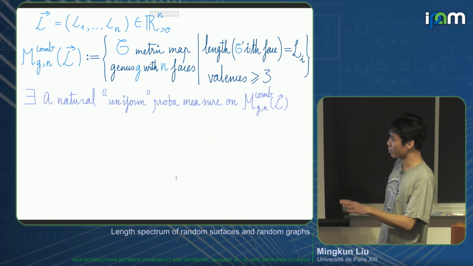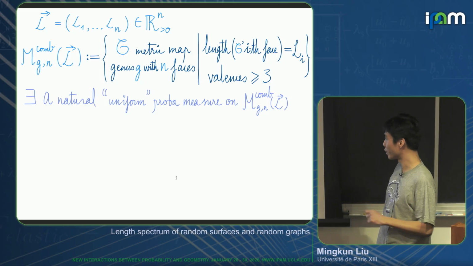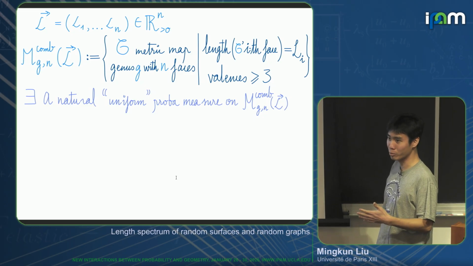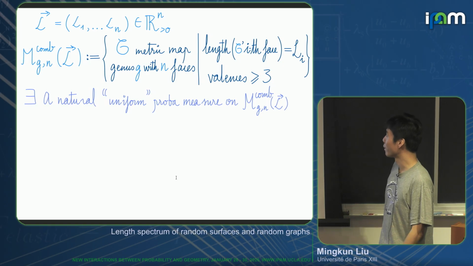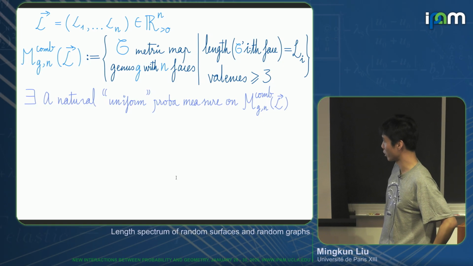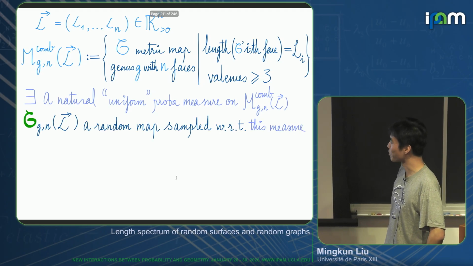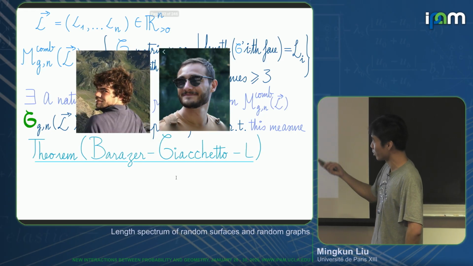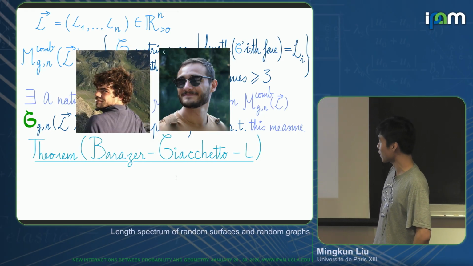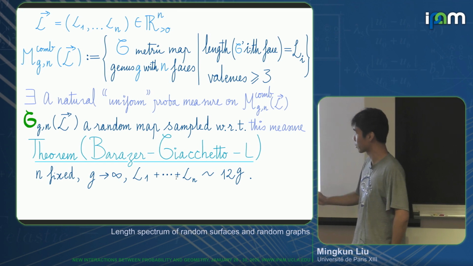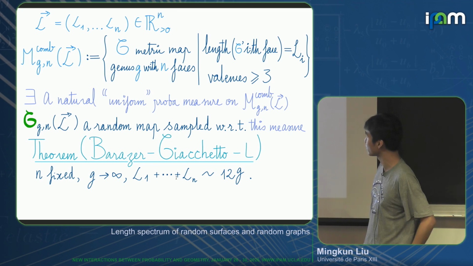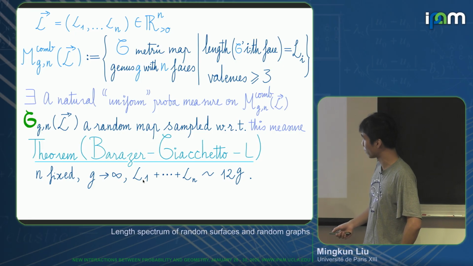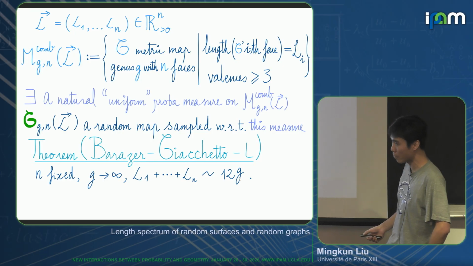And if you do this, since I'm running out of time, please believe me that there is a natural uniform probability measure on this space. It's basically the Lebesgue measure, and people also call this the Kontsevich measure to be fancy. But it's just the Lebesgue measure. Then you can take a uniform random map, and we prove that if you fix the number of faces, you let g go to infinity, you also want the sum of all these lengths of faces to be linear in g.